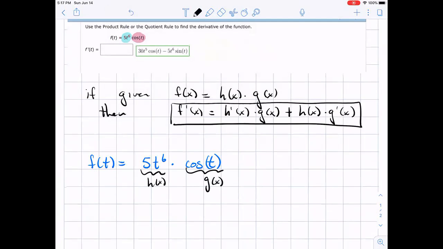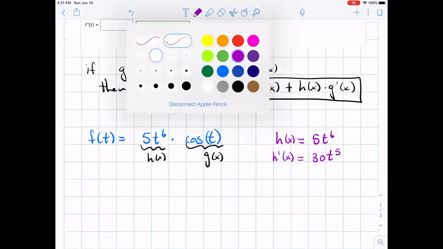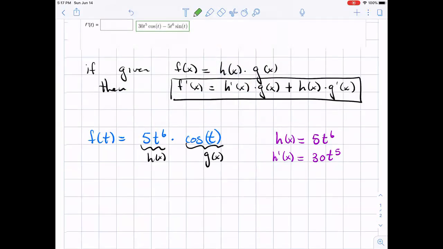So h of x is equal to 5t to the 6. So h prime of x would be 30t to the 5th.